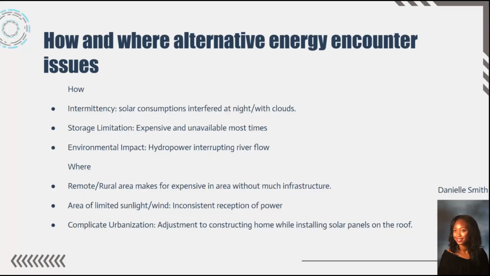Another challenge that is faced is the environmental impact. While using renewable energy sources can reduce the carbon emissions, it does have its environmental impacts. For example, hydropower alters river habitats and blocks migration routes for aquatic animals.